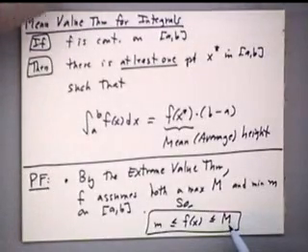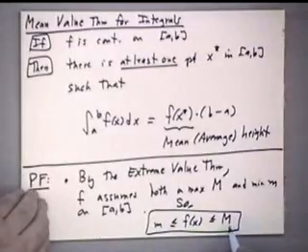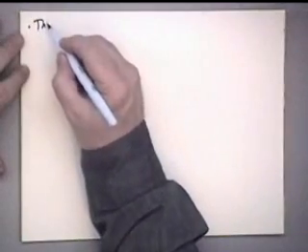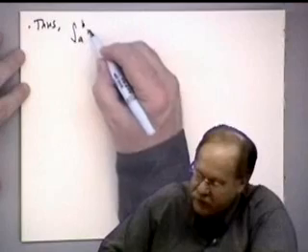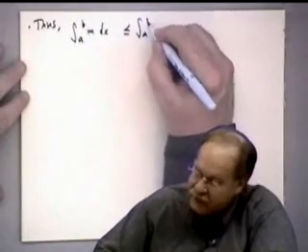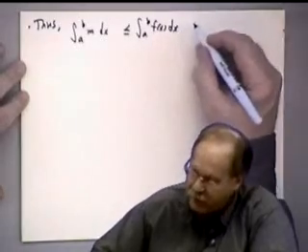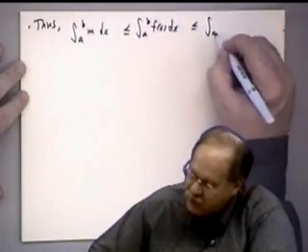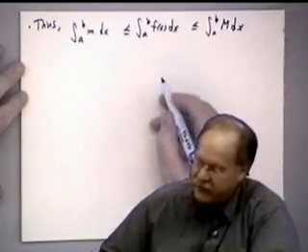The height of the function, as you saw, is always between the smallest value and the largest value of the function. So, with that in mind, if we have inequalities like this for the function and two numbers, that will also hold true for definite integrals corresponding to that. So the definite integral of little m dx is going to be less than or equal to the definite integral of f of x dx, which is what we're actually looking for, remember. And that's less than or equal to the definite integral from a to b of big M dx.